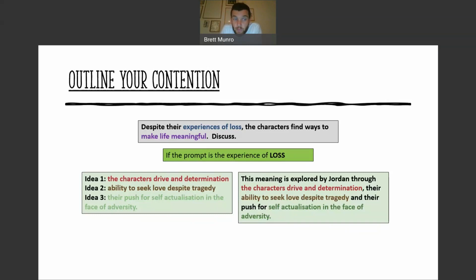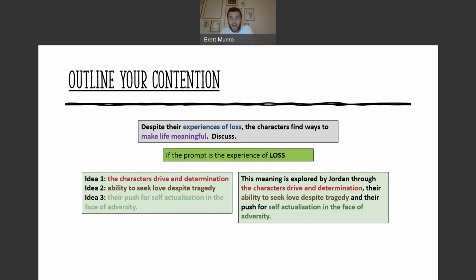So how could we put those three ideas? Remember, those three ideas are going to form your topic sentences for your body paragraphs. We'll say something like, this meaning is explored by Jordan through the character's drive and determination, their ability to seek love despite tragedy, and their push for self-actualization in the face of adversity.